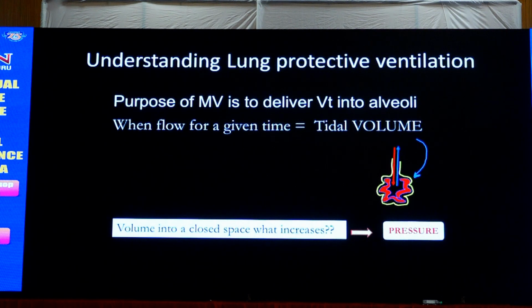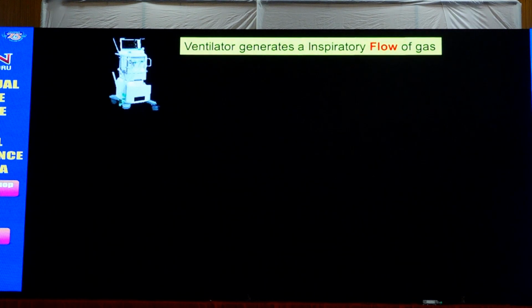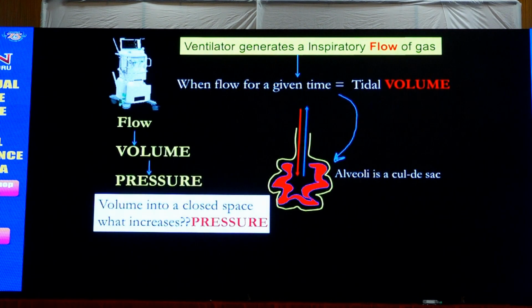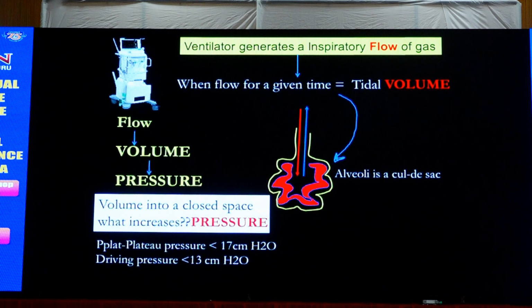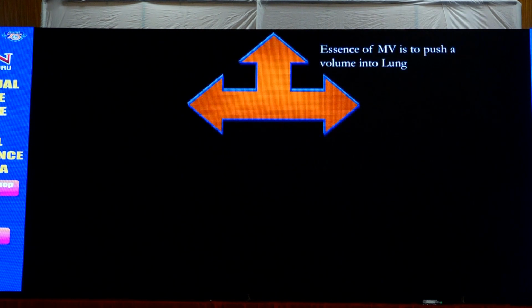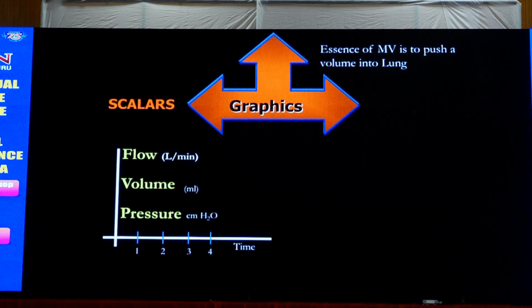So when you plot all three against time, we call them scalars. When you plot flow, volume and pressure on the vertical axis, and time on the horizontal axis, we call them the flow versus time scalar, volume versus time scalar, and pressure versus time scalar.